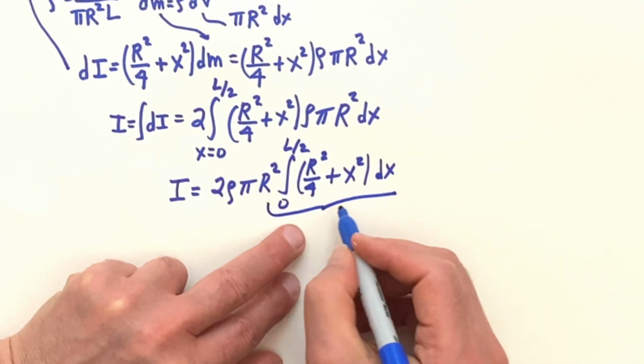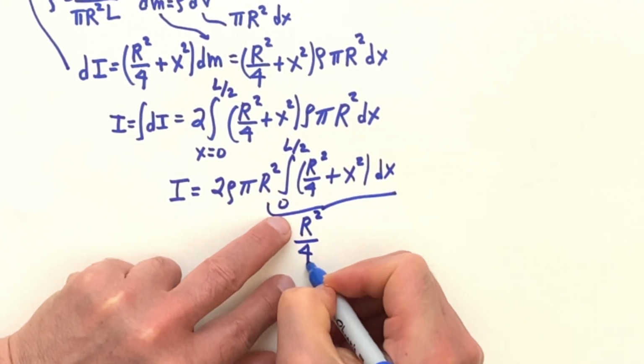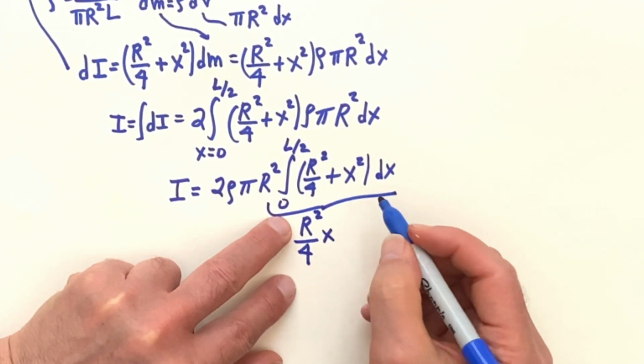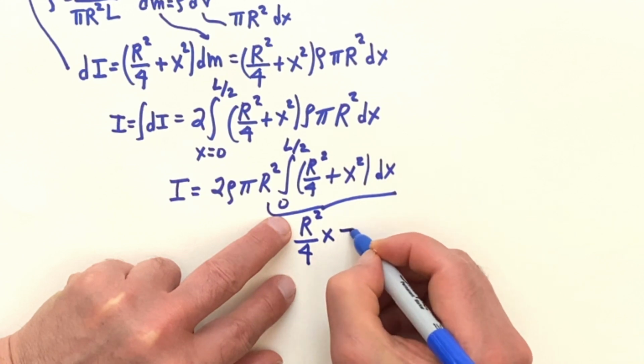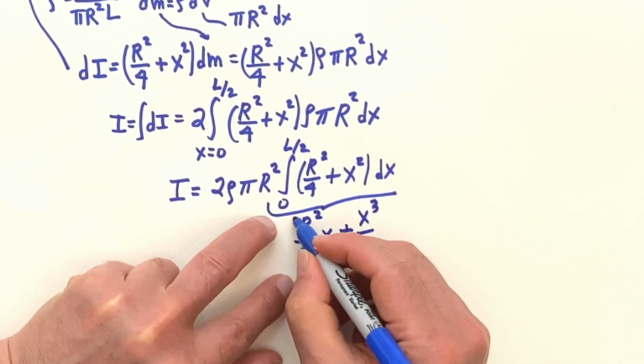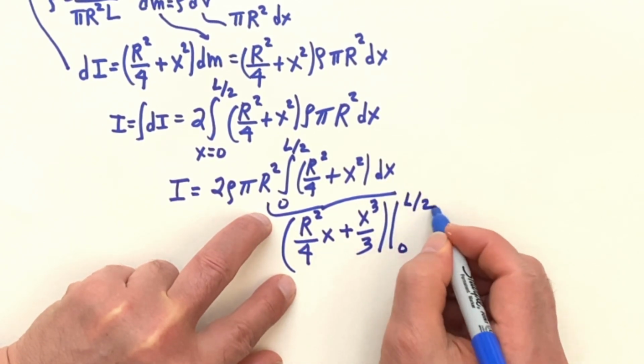So if we do this integral, we're going to have R squared over 4, and an x is going to pop out like this, and then we're going to have x cubed over 3. So that's going to be this integral. We're going to go from 0 to L over 2.